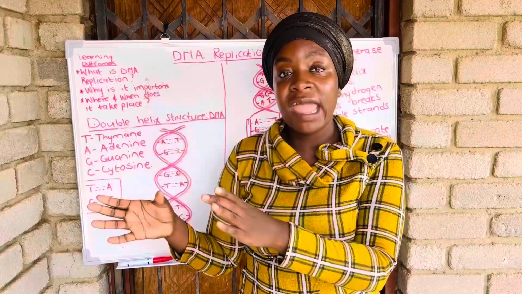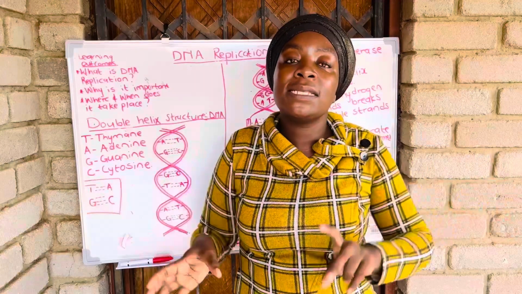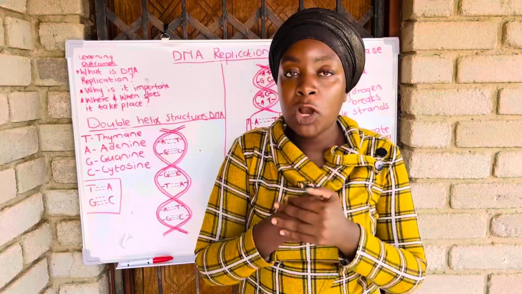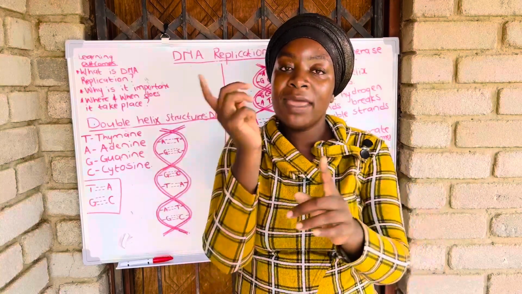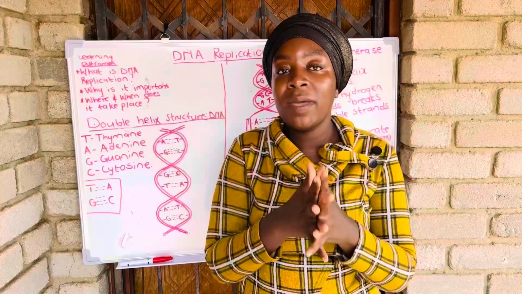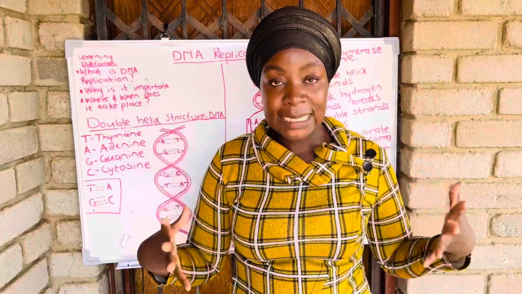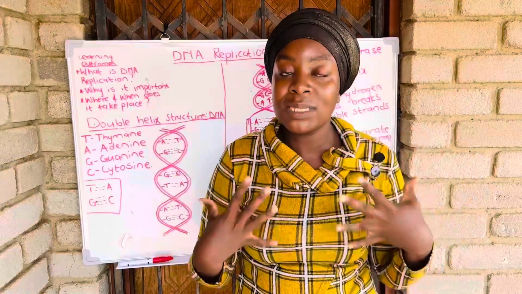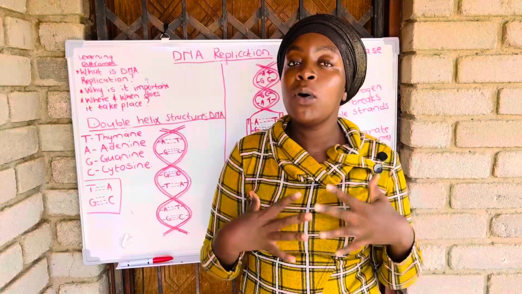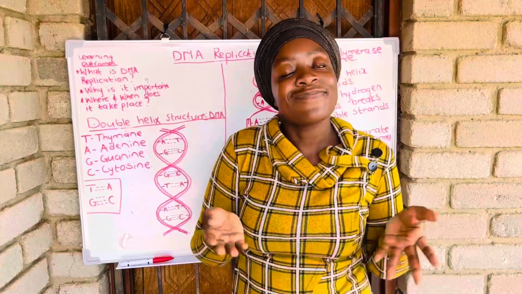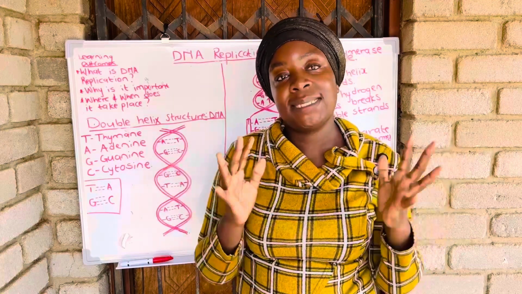And then from there, you are going to end up with two identical copies of DNA molecules. So they are then going to coil again, or they are going to become helical and coil, and then they will make a double helix again. During this process, the enzyme that is responsible for this process is called DNA polymerase. That is DNA replication. That is your 10 marks.